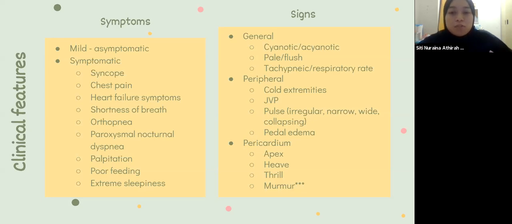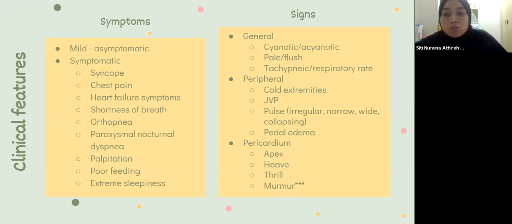Are they pale or flushing? In pale, the patient might have heart failure due to lack of blood supply, or anemia. And in flush, basically malar flush, the plum-red discoloration of the cheeks is associated with mitral stenosis due to retention of CO2 and its vasodilatory effects.